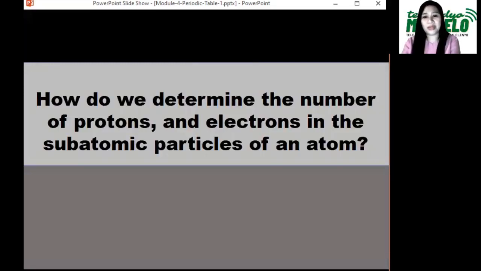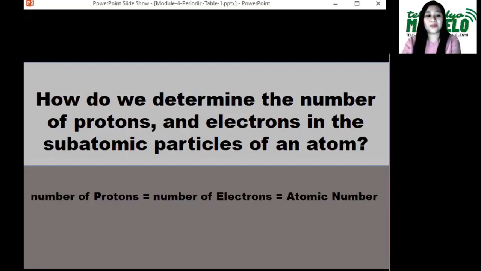How do we determine the number of protons and electrons in the subatomic particles of an atom? Any idea? Type your answers on the comment box. Very good. Number of protons is equal to the number of electrons, which is also equal to atomic number.